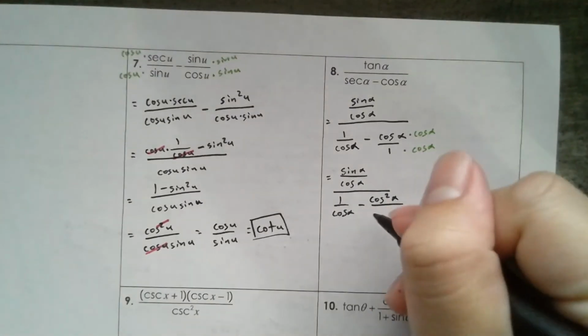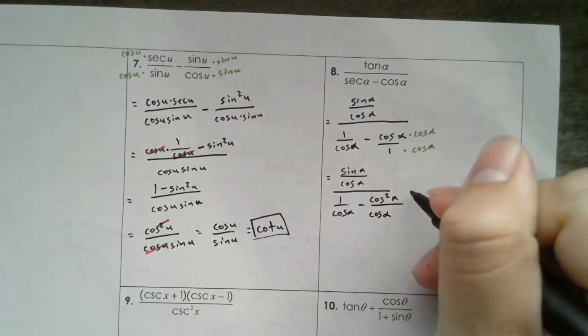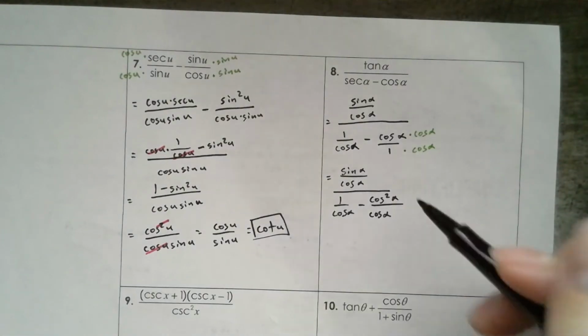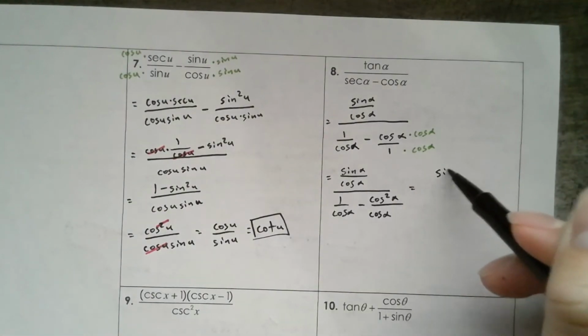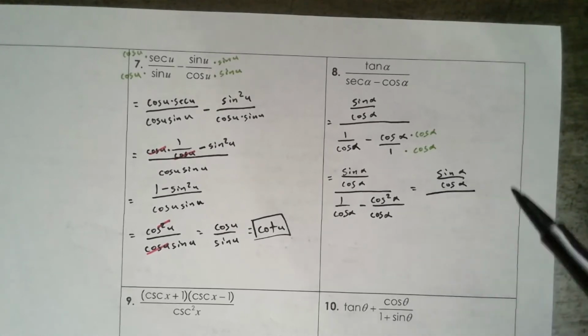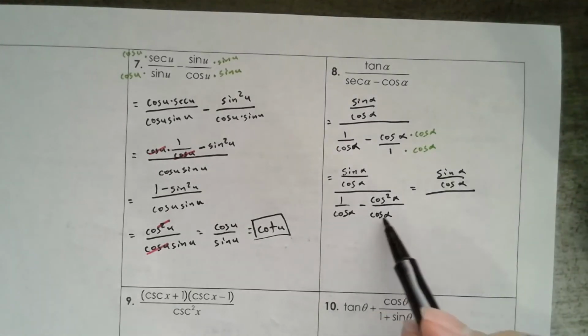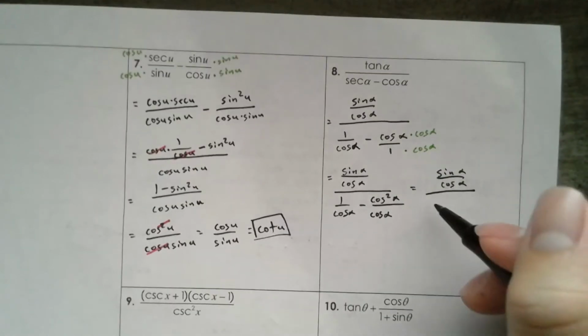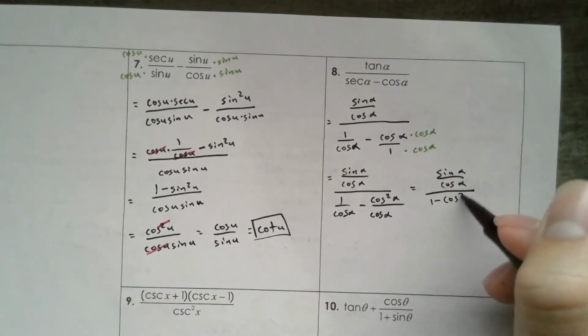Now I can combine the two fractions because they have the same denominator: 1 minus cosine squared alpha over cosine alpha.